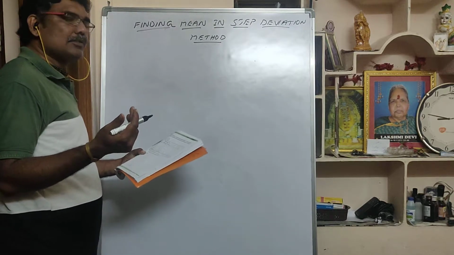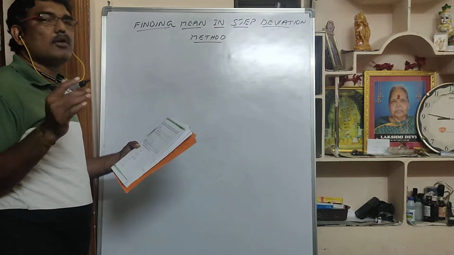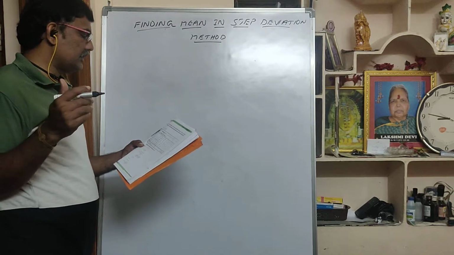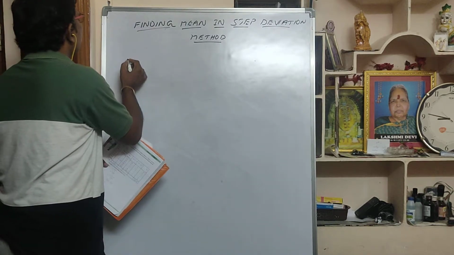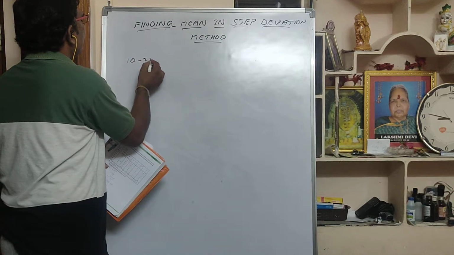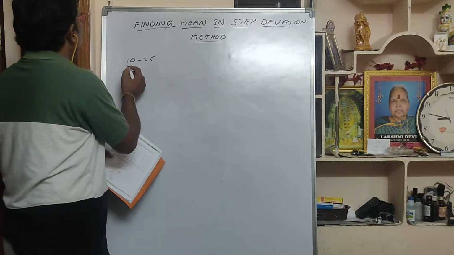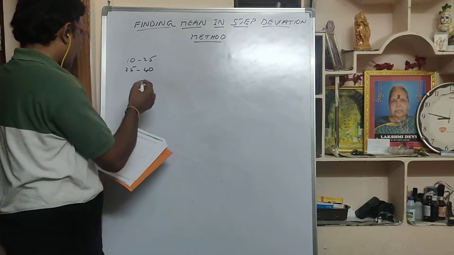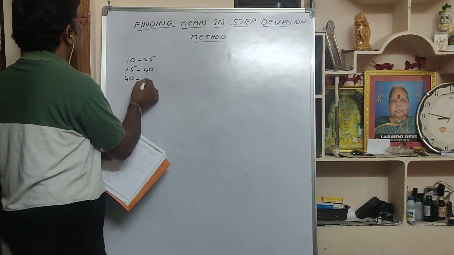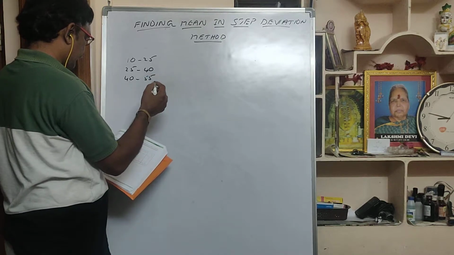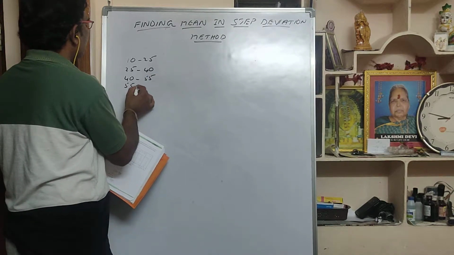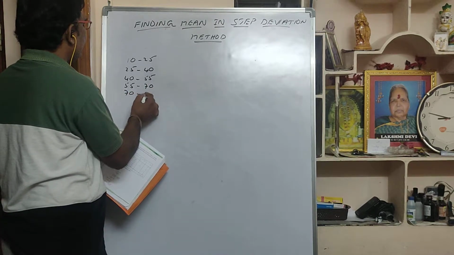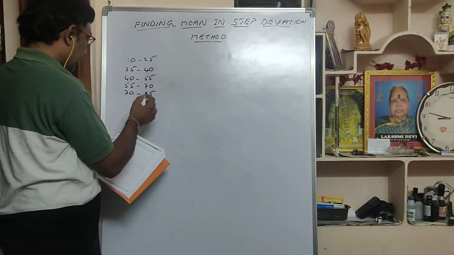For this also, you have to take a grouped frequency distribution. I am taking here the classes 10 to 25, 25 to 40, 40 to 55, 55 to 70, 70 to 85, 85 to 100.